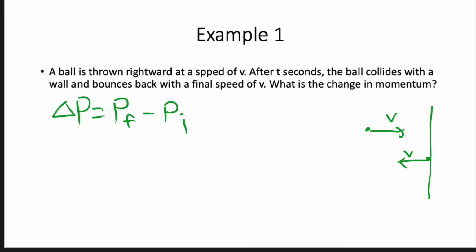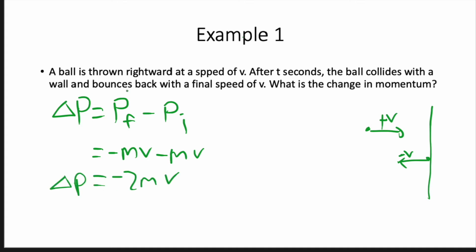If it initially traveled in the rightward direction, it has to be a positive v, but after it bounced back, it goes in the left direction, so it has to have a negative sign. So final momentum must be equal to negative mass times velocity, and the initial momentum has a positive sign, so minus positive mv, which is equal to negative 2mv. So this is the answer for this problem. Just be careful with direction and signs.